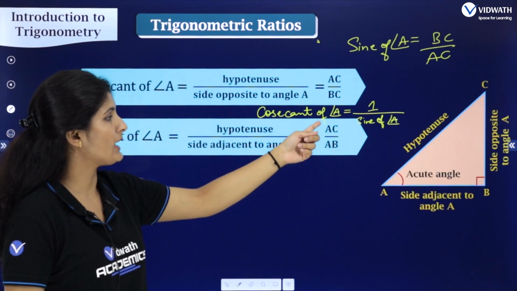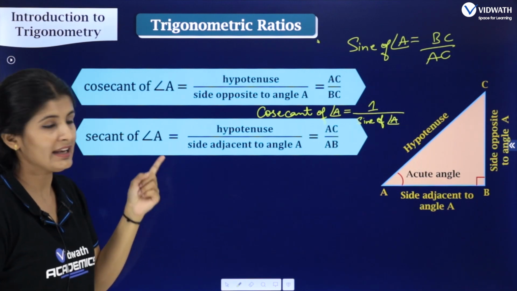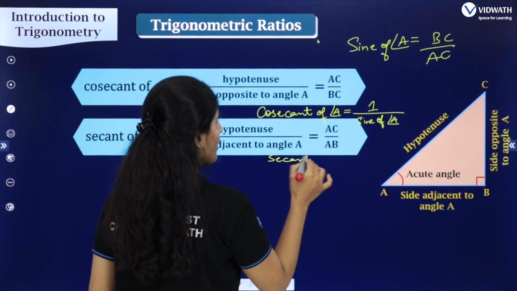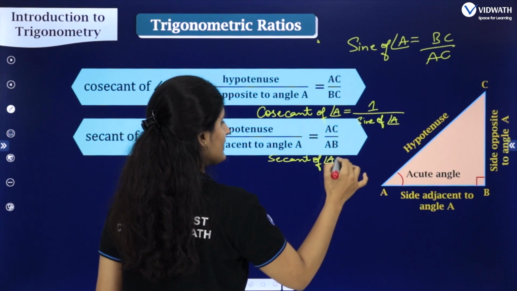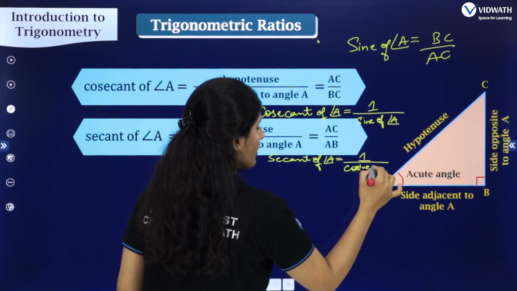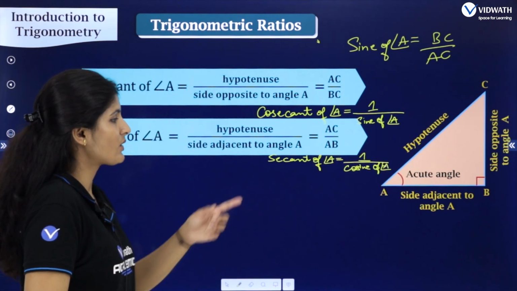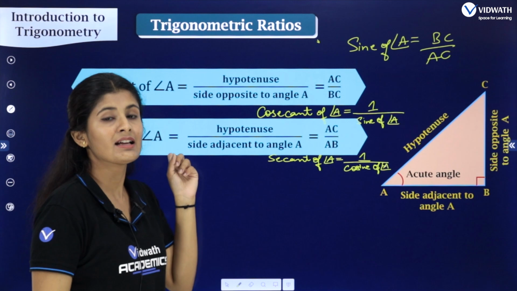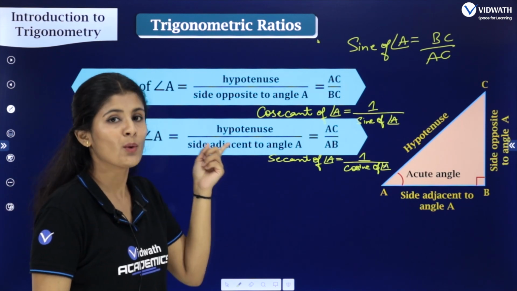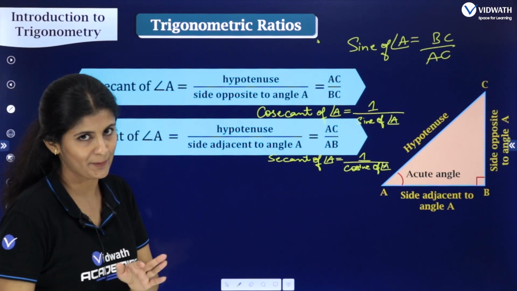Therefore, the ratio AC by AB gives us secant of angle A. Clearly, we see that the secant of angle A is nothing but 1 over cosine of angle A, because the cosine of angle A is the side adjacent to angle A divided by the hypotenuse, which is the reciprocal of secant of angle A.